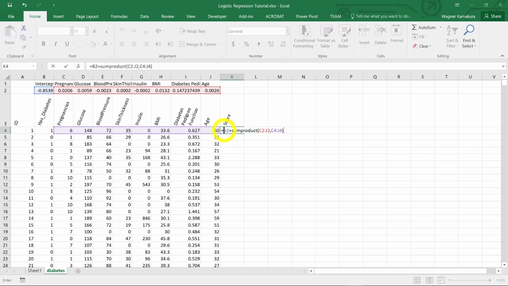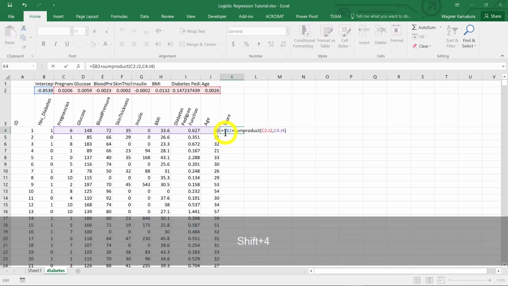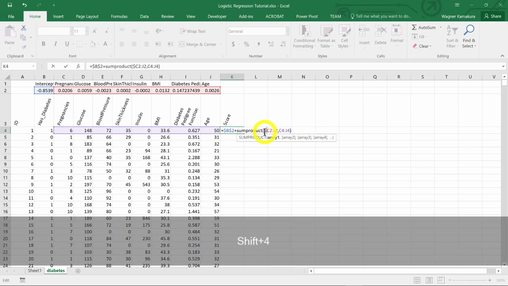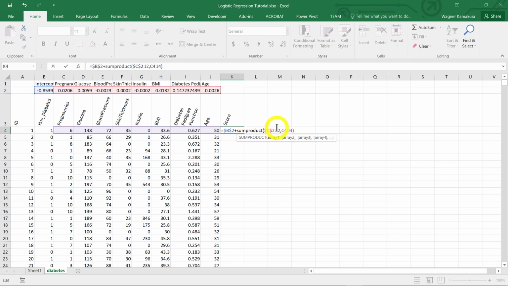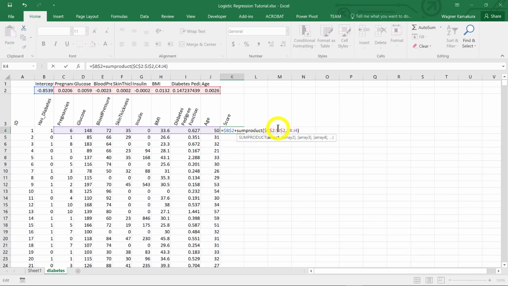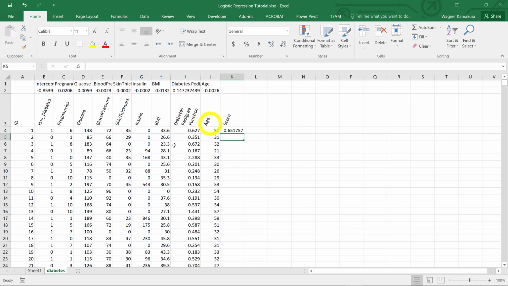Because we want to copy this formula all the way down for every one of the patients, I'm anchoring the coefficients so that the same row 2 will be applied to every patient. So there we have the linear score, which right now is the linear regression score because we are using the linear regression coefficients.